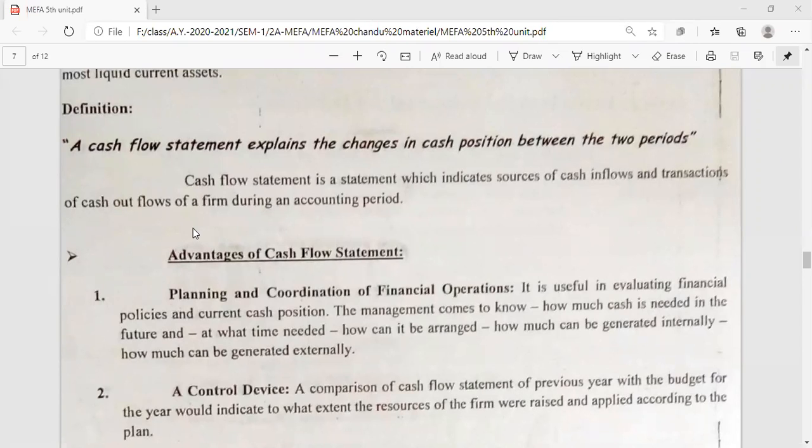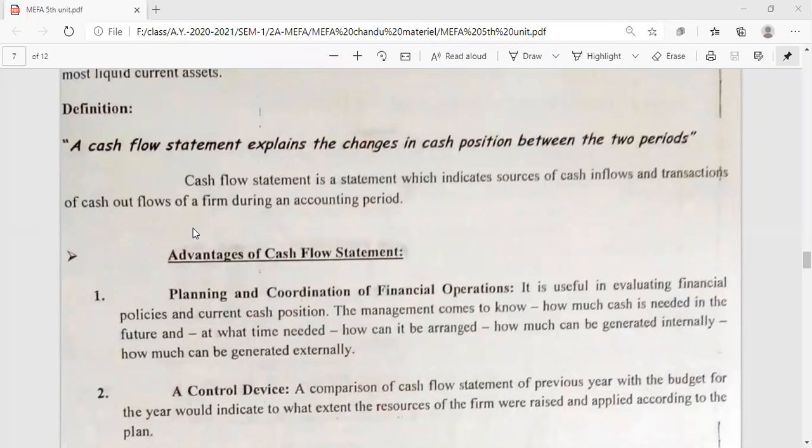And we'll have some transactions of cash, how it is outflowing, the cash outflow of a firm during an accounting period.